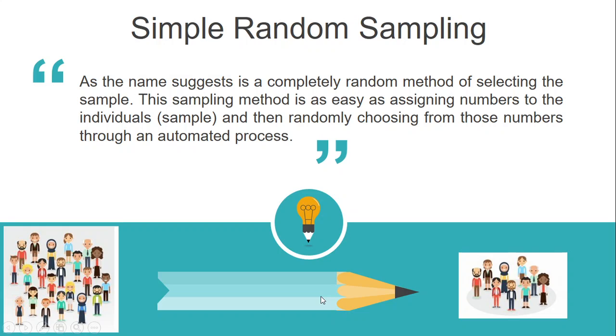It is as easy as assigning a number to each individual in the sample and then randomly choosing from those numbers through an outcome process that we are using for the sampling.